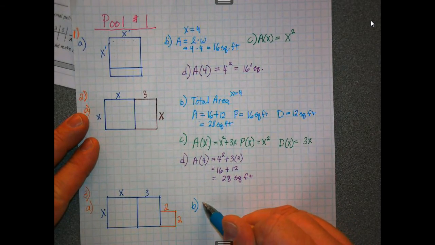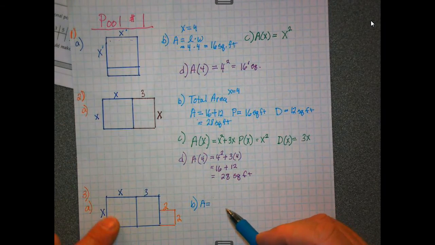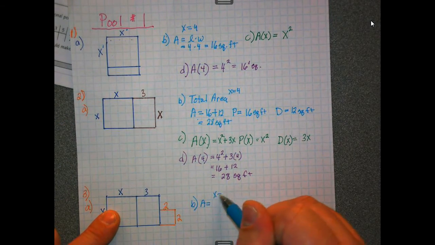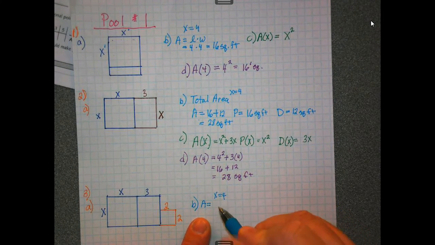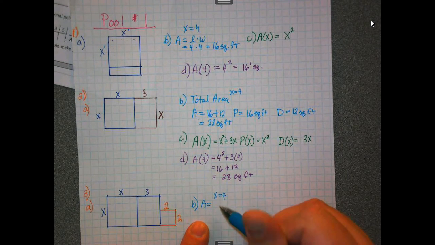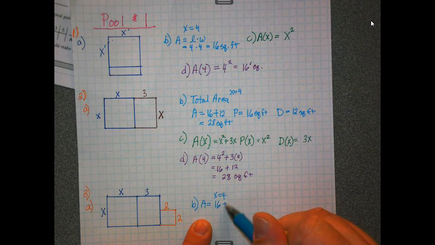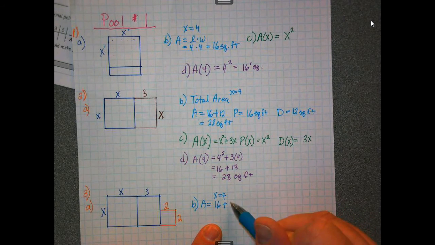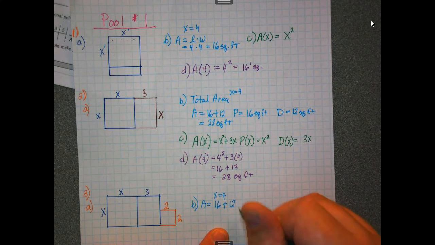Again, the total area was, remember my x equals 4 for me, whatever it is for you. For me, 4 times 4 is 16. And my deck was 12. What am I going to add to that now? 4. Okay.